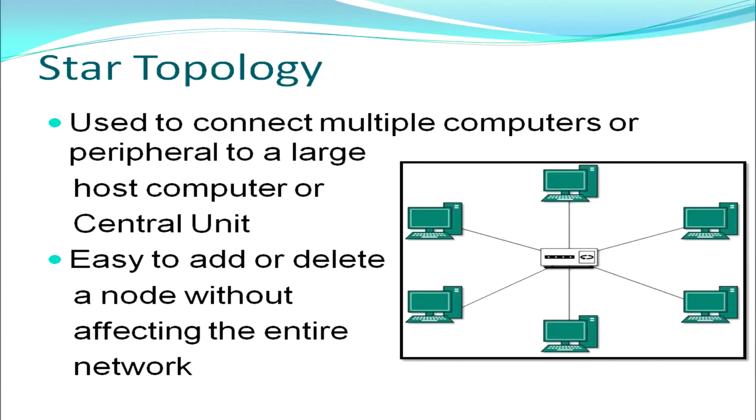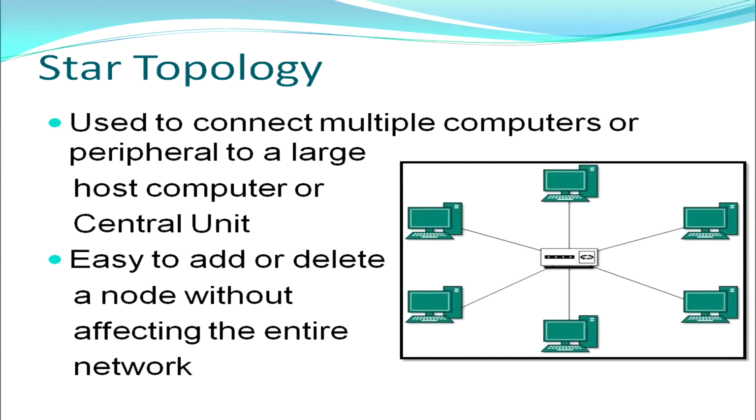When I talk about star topology, as you can see on the screen also, there is a central computer, we generally call it a server, and all other computers we call nodes or workstations. These computers are connected to the central unit. So, the entire network is dependent on the central unit.